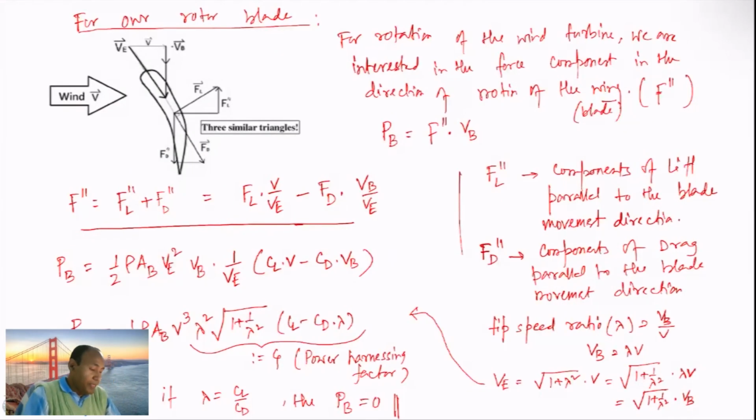So for that rotor blade, if you look at from the top, from this direction, this is how you get the velocity triangle.